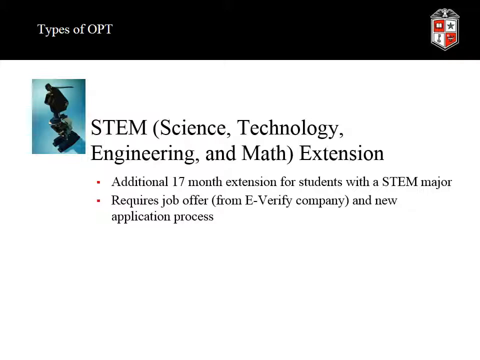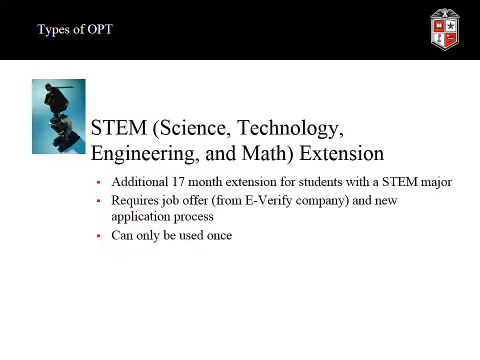It requires, when you apply, that you have a job offer, and it is a new application process with a new fee. The company that you will be working for must also be able to what is referred to as e-verify. We won't discuss what that means, but in order to apply for this STEM extension, you need to have a job offer and the company must be able to e-verify. And it does require another application and a new fee.